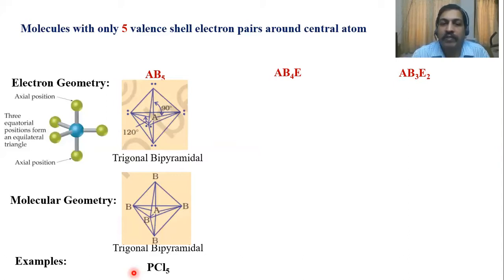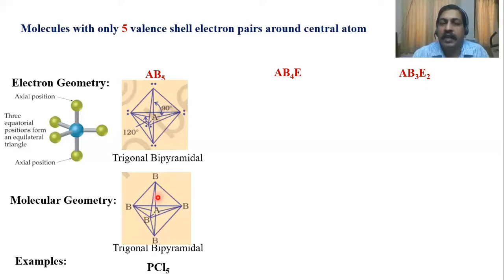One question that we may get is why the axial bonds are weaker and longer than the equatorial bonds. What is the reason? We can see that each axial bond is perpendicular to three equatorial bonds.